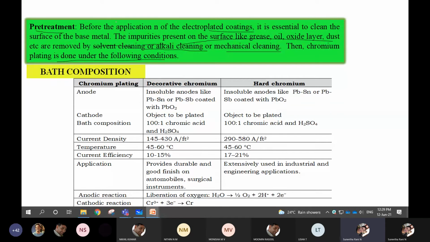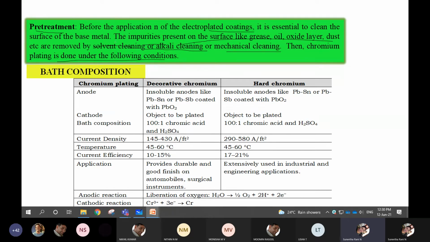You have to apply one coat. You have to remove the dirt particles. You have to remove any pits or holes. You have to set the wall first. Then only you can apply a final layer of paint, right? Similarly here, before coating any metal on the object, you have to clean the surface.